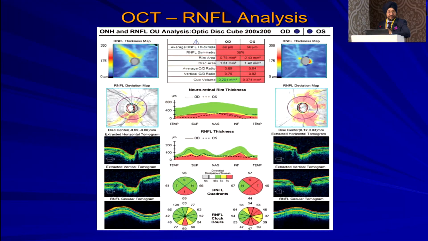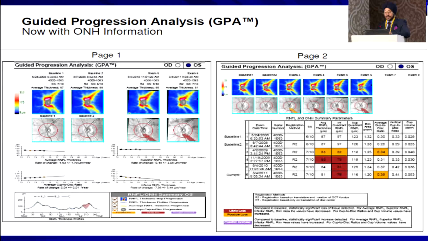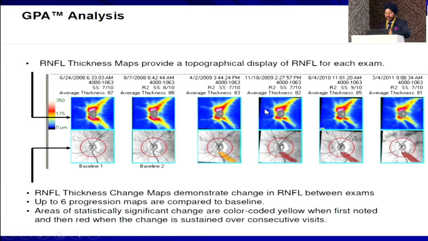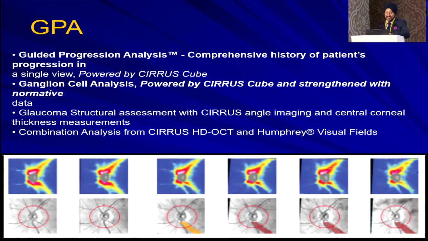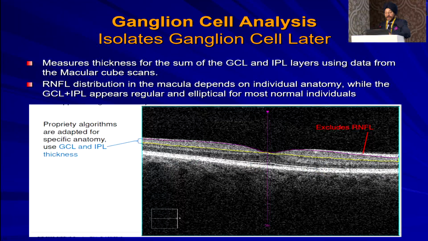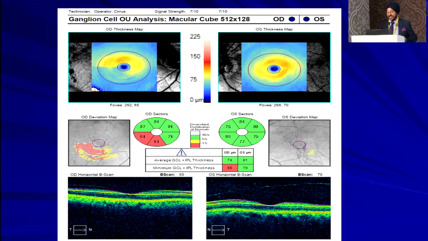Of course, then you have OCT, where you can see the progression. You have progression analysis there in the OCT also, and there are maps which provide the RNFL thickness and how it progresses. Then of course now we have ganglion cell analysis, which again sheds light on the cases. You can see this is an RGC map showing a temporal raphe sign.